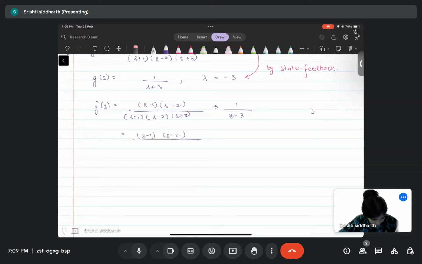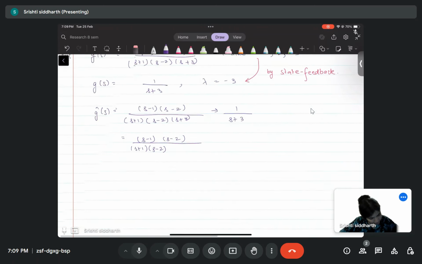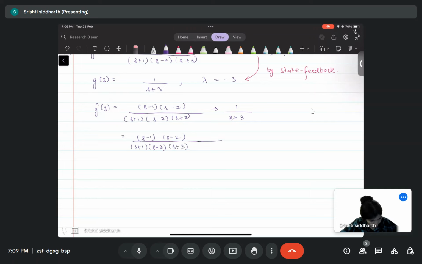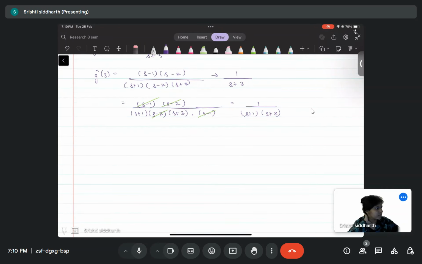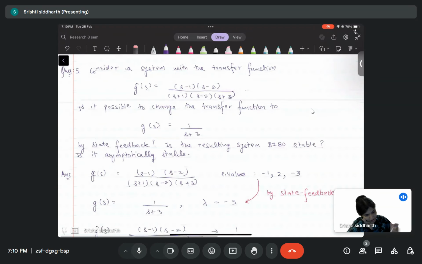So if I have S minus 1 here, the factors cancel and this gets cancelled too. Yeah, this is incorrect, this is not present.